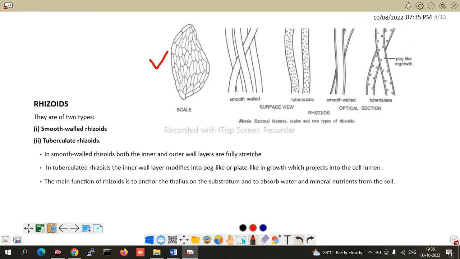There are two types of rhizoid in Riccia, that is smooth-walled rhizoid and tuberculate rhizoid. Here is the smooth-walled rhizoid and here is the tuberculate rhizoid, and the optical section of a tuberculate rhizoid is here. It has a finger-like inward growth.